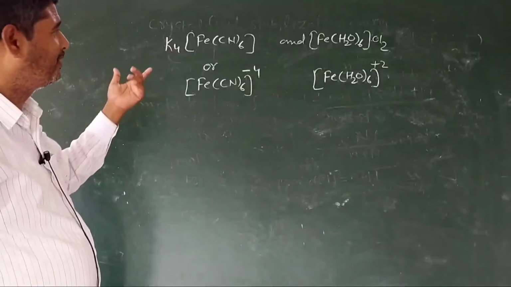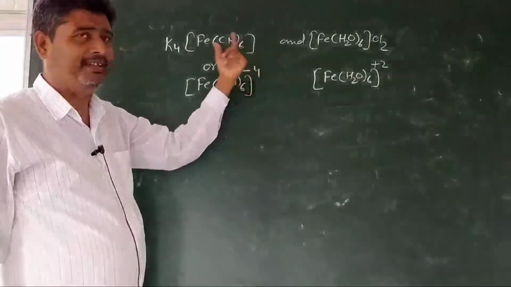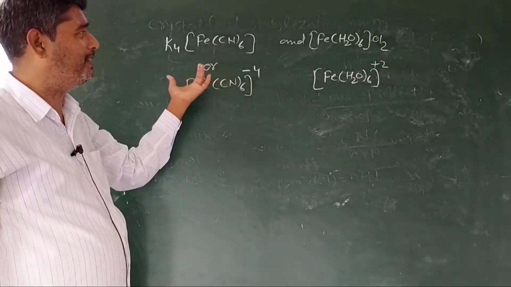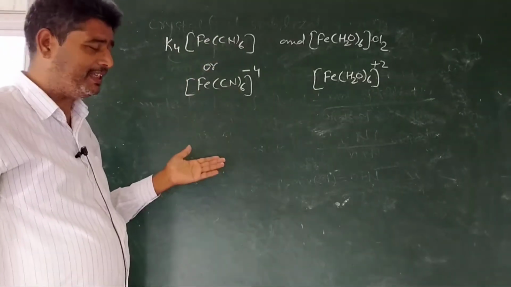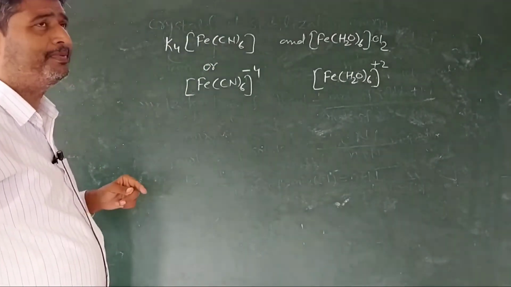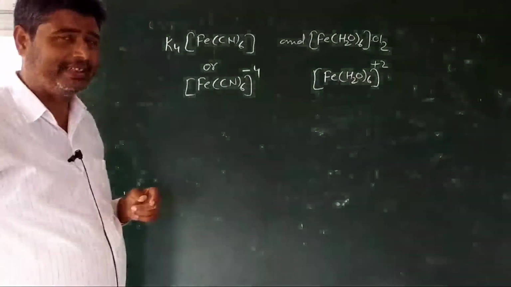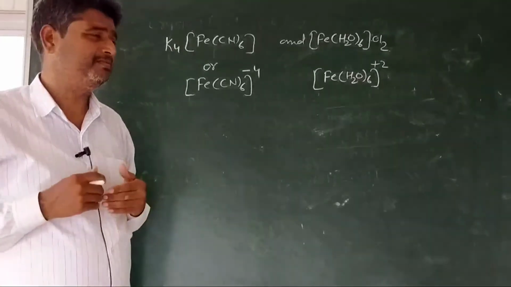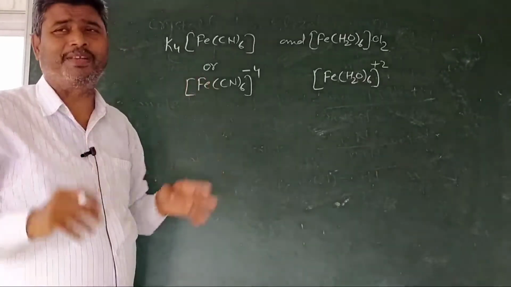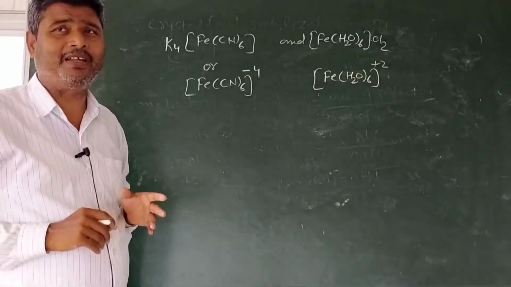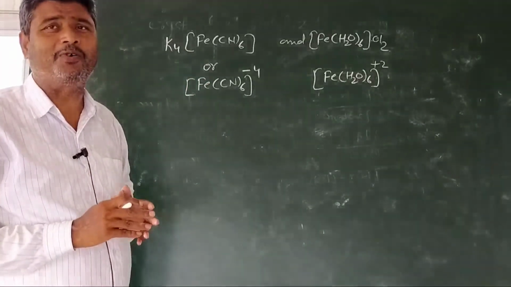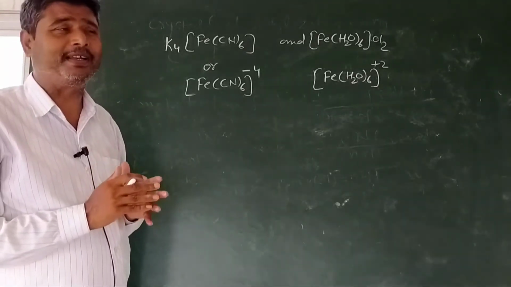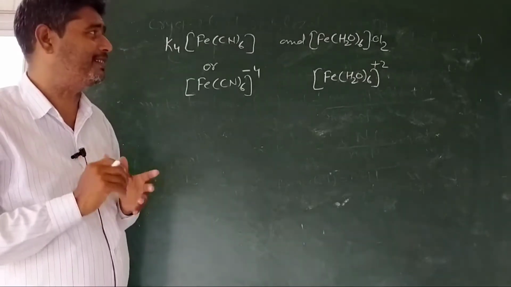Here two compounds are given. Which one will be more stable in comparison to the other? It will be explained on the basis of crystal field stabilization energy between two complexes or in various complexes. The more stable complex, the more stable coordination compound, will be the one which has the maximum value of crystal field stabilization energy.